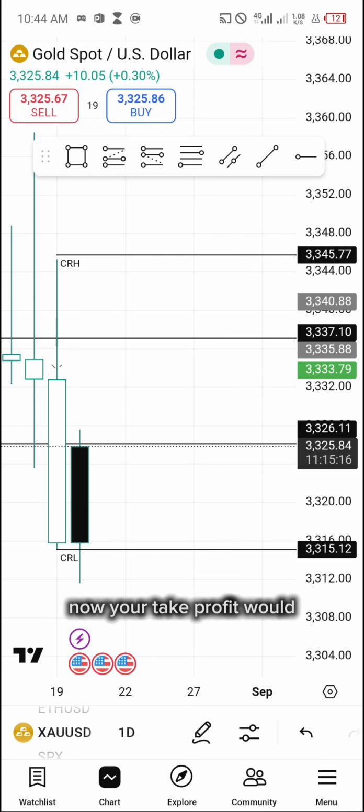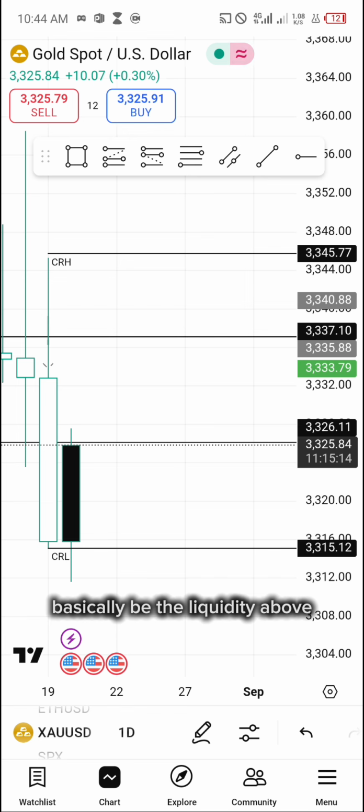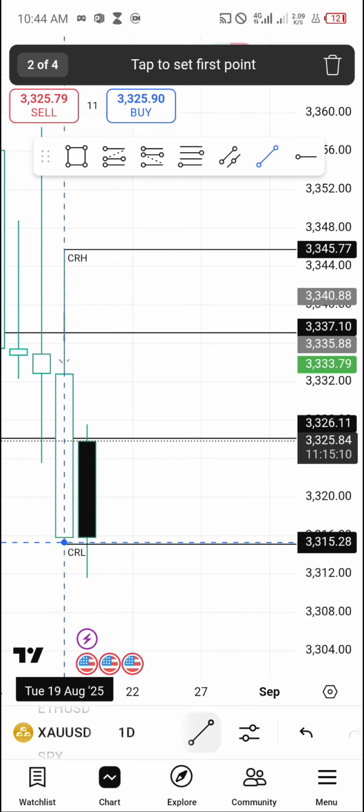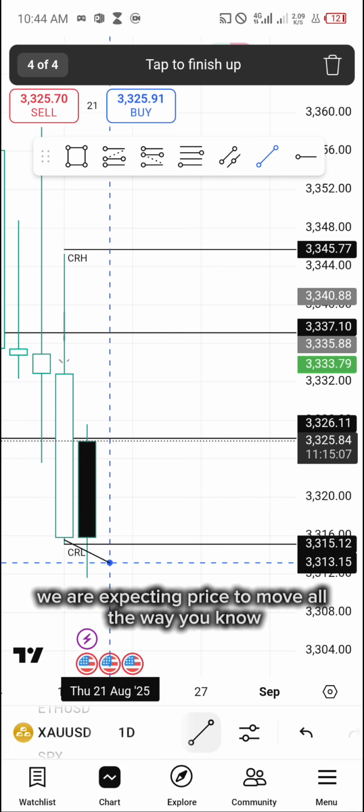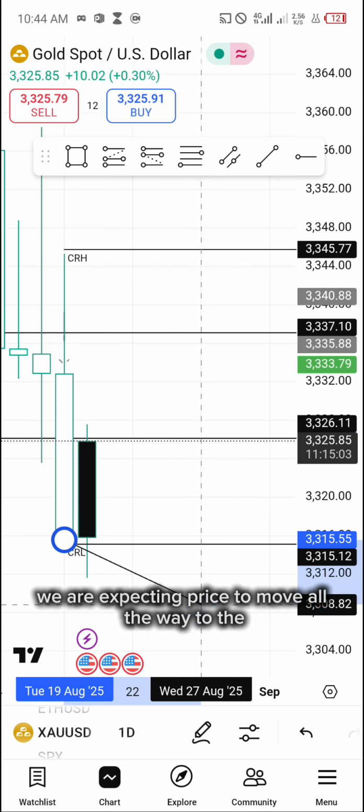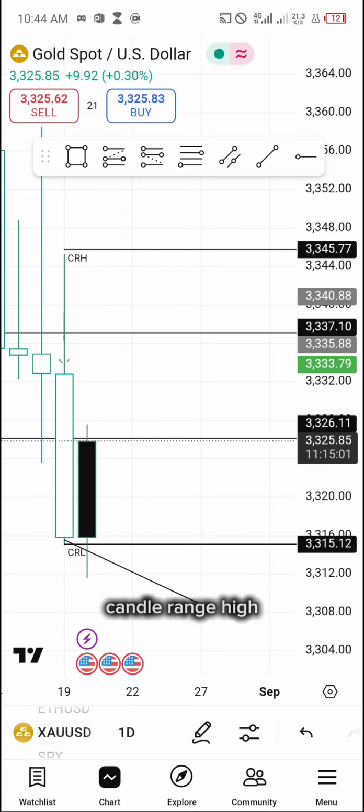Your take profit would basically be the liquidity above. That is to say, if the market sweeps the candle range low, we are expecting price to move all the way to the candle range high.